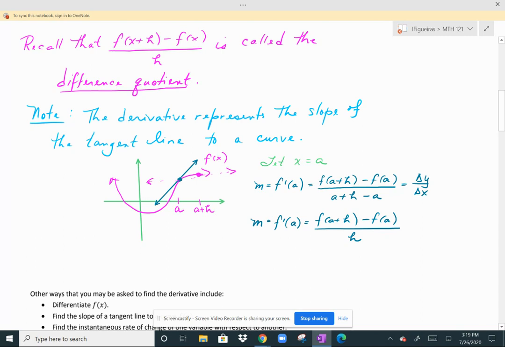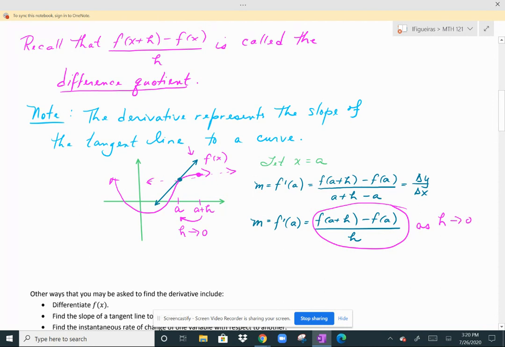But as h approaches 0, this gets closer to a, and so my secant line actually becomes a tangent line, which is this one that you see here in blue, and that derivative represents the slope. So the slope will be f of a plus h minus f of a over h as h approaches 0.